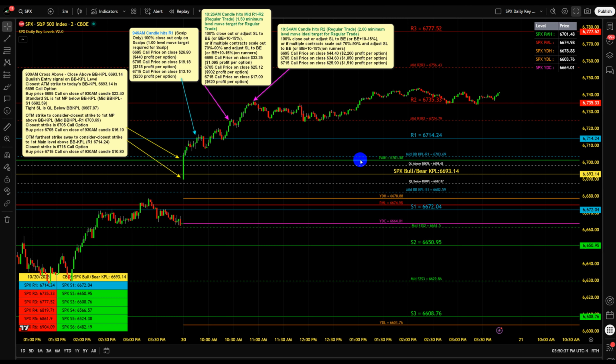Alright, so the way this indicator works is it works on two different trading symbols for SPX. The first symbol it works on is what we have on the chart right now, which is the CBOE SPX index. So on TradingView, this is going to be your SPX symbol, and it's going to be the CBOE exchange.